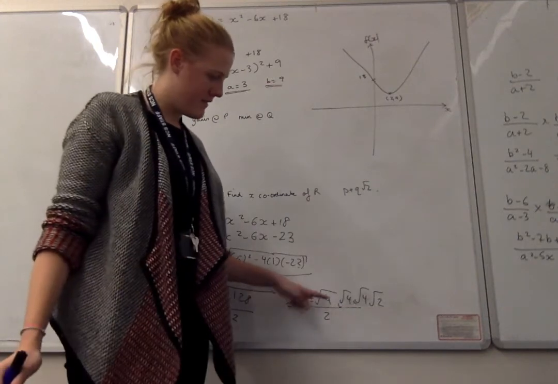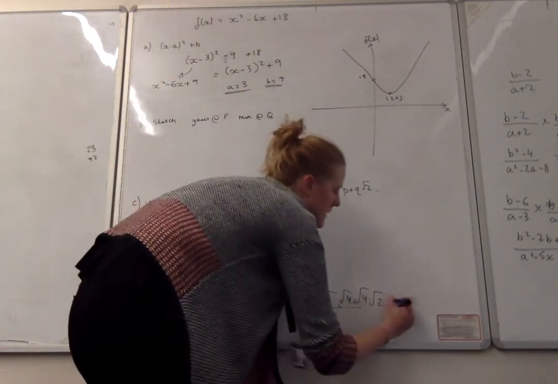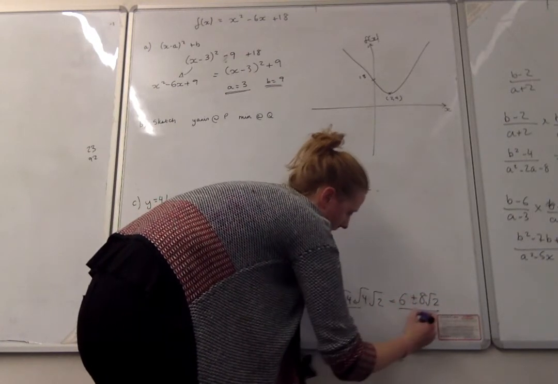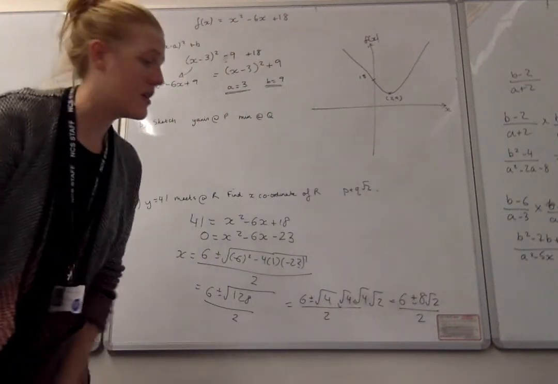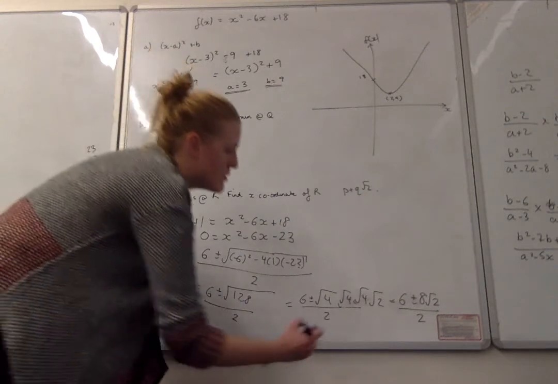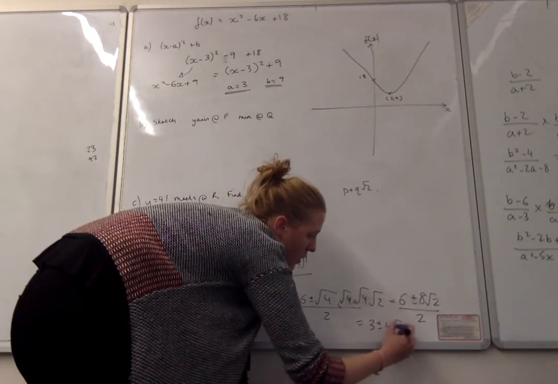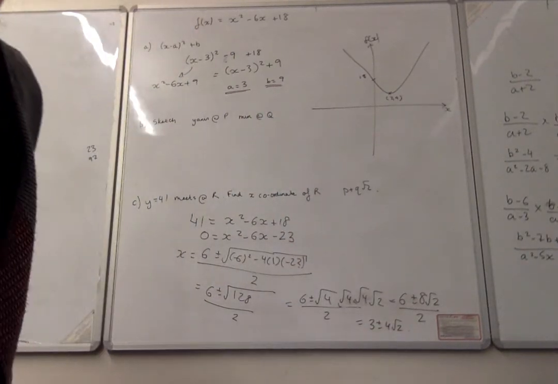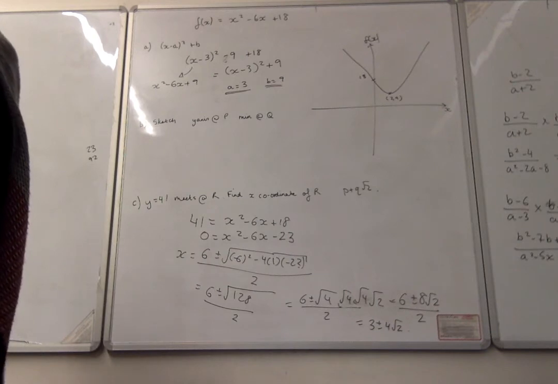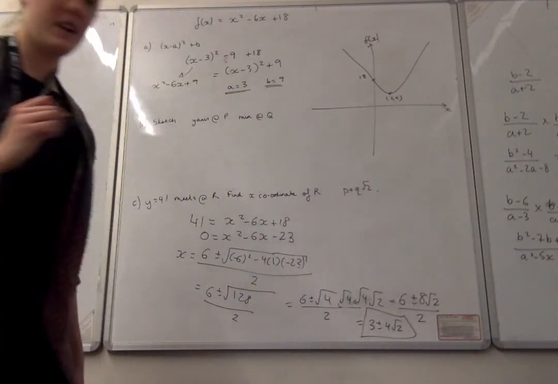So what I've got here is 4 times 2, so 8 root 2. Which I can then half both of those now. I can half the 6 and I can half the plus or minus 8 root 2, which will become 3 plus or minus 4 root 2. And that's our final answer, okay?